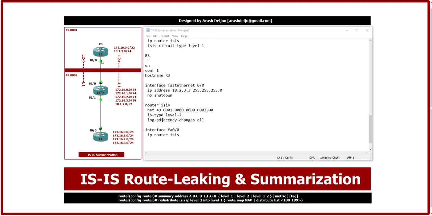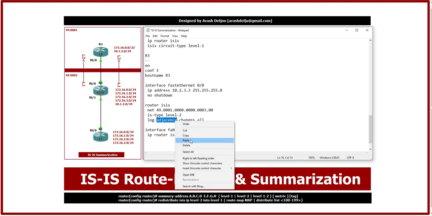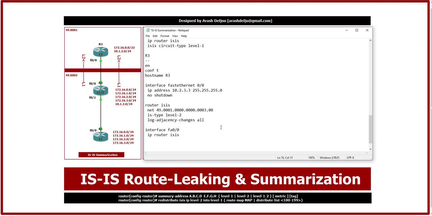Then interface FastEthernet 0/0 with the IP address of 10.1.23.3/24. And then I enabled router isis with the net address of 49.0.0.0.0.0.3.00. This is the area address, and then system ID. And finally, IS type is level-2. And then log-adjacency-changes all. Okay. And after that, ip router isis on the interface FastEthernet 0/0.